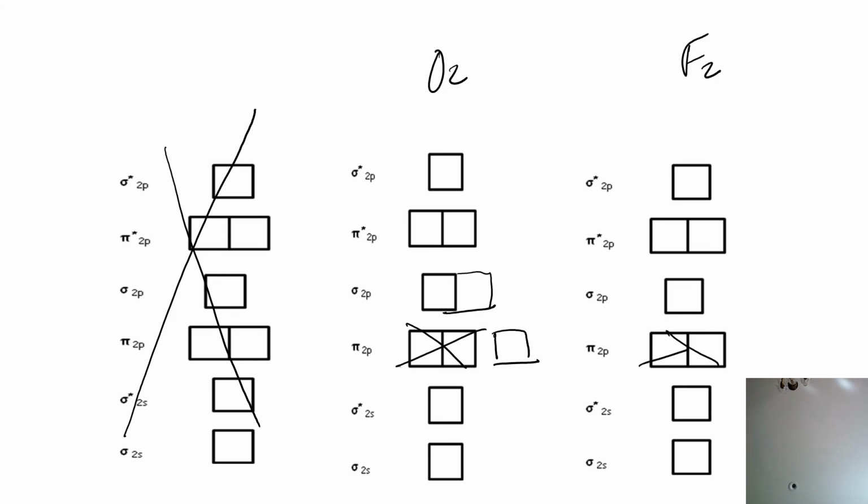I'm going to relabel these. So we have our sigma 2s bonding, anti-bonding, and now we have sigma 2px, and then our pi 2py, 2pz, and these are the bonding orbitals, and then their corresponding anti-bonding orbitals, and this would be the sigma 2px.